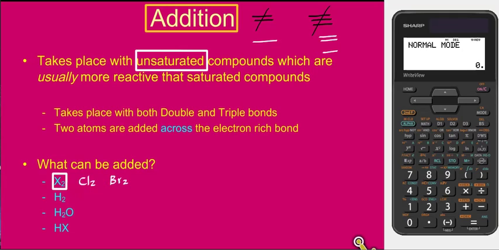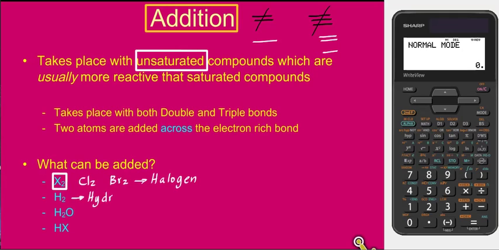You could have used H2, but they're referring to the halogens. These are what I was telling you, group 7. Halogens is basically that in your case, but it could be something else. And then here, that's where we're adding the hydrogen.